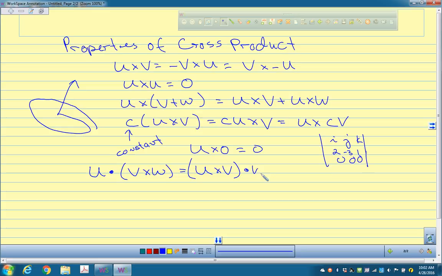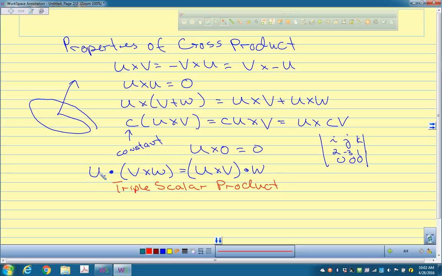In other words, if I have 3 vectors, this has a name too. This is called the triple scalar product. And that has a unique property as well, which I'm going to tell you in a second.